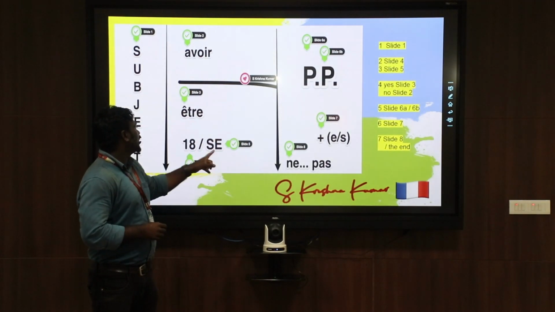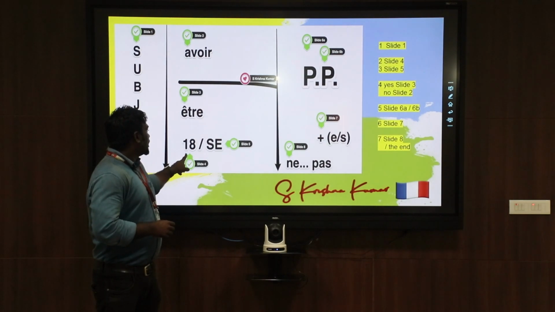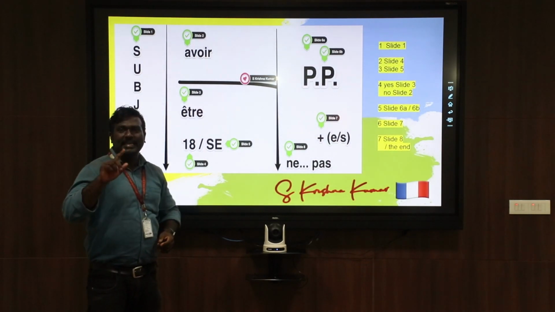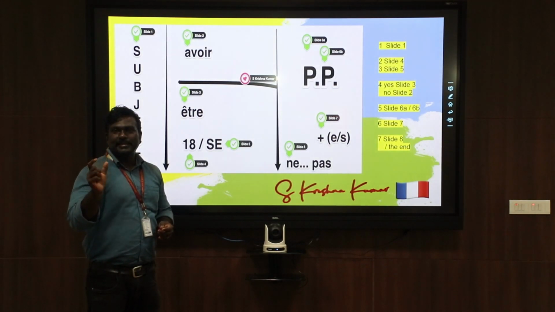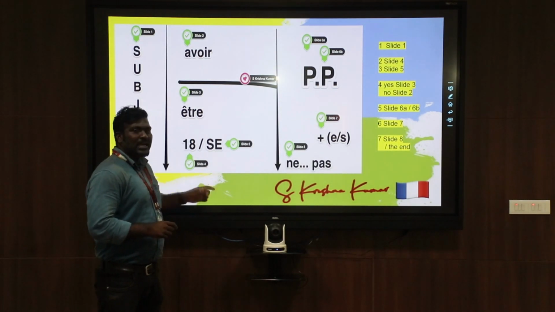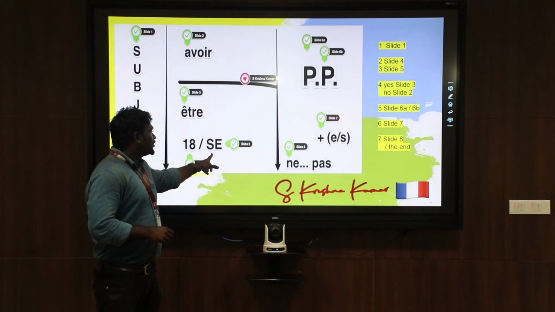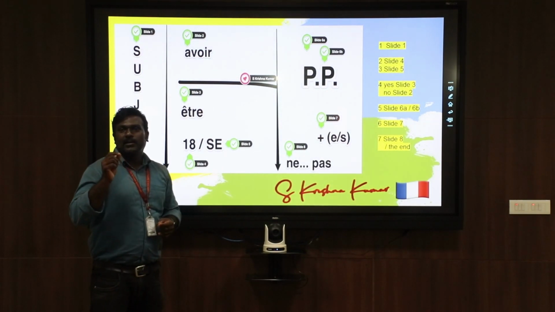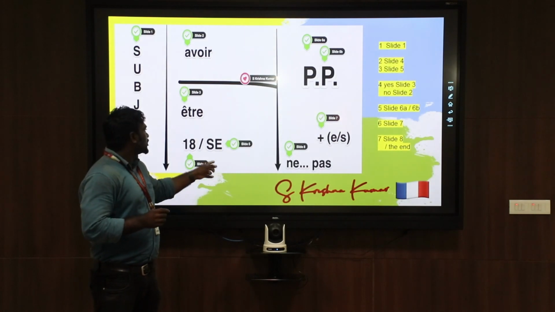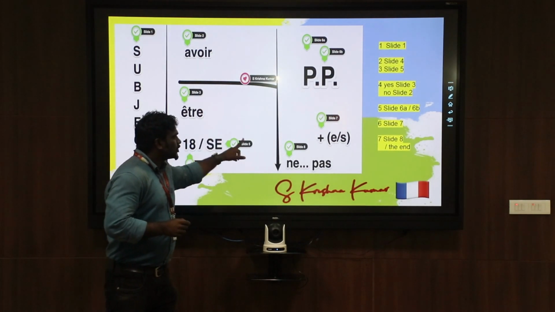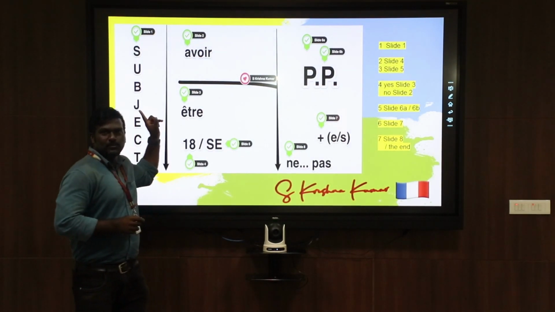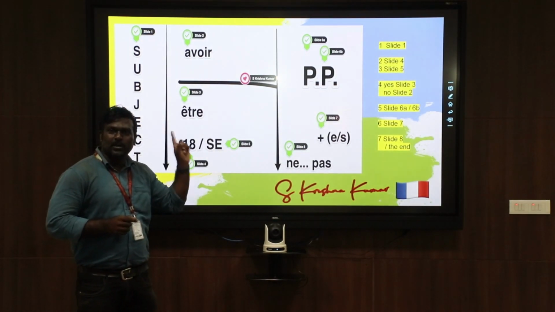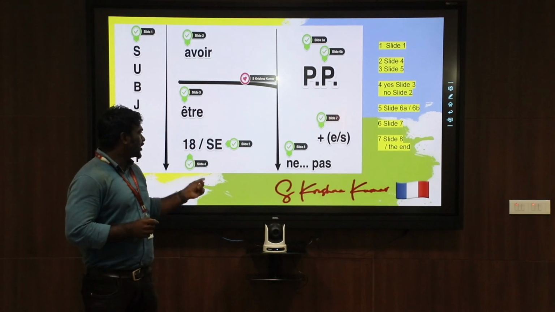We use the être verb when we use 18 distinctive verbs, and when we have the SE verb, that is a pronominal verb. The past participle accords with the number as well as the gender of the subject.